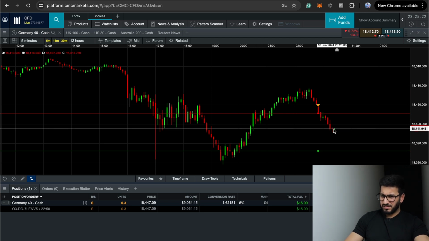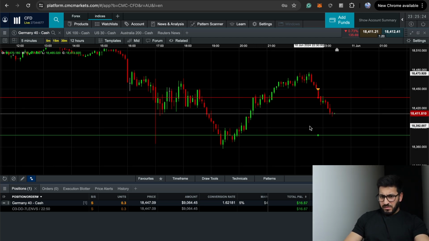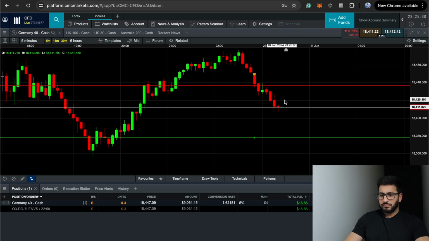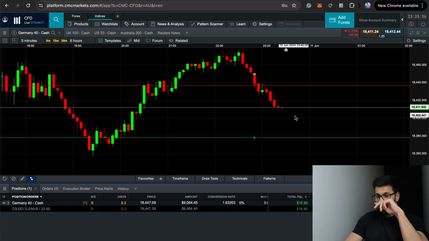There could be buyers at this point. Could be buyers here. It goes up, then comes down. Get rejection because there is also a resistance line up there.